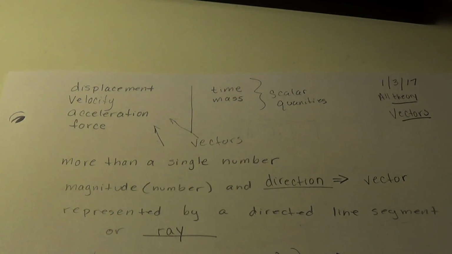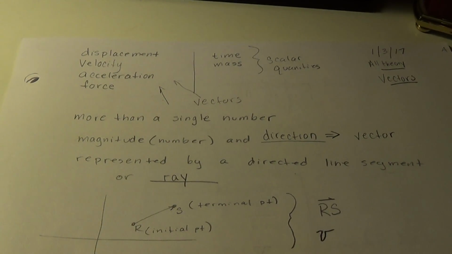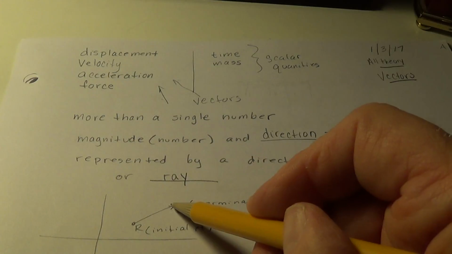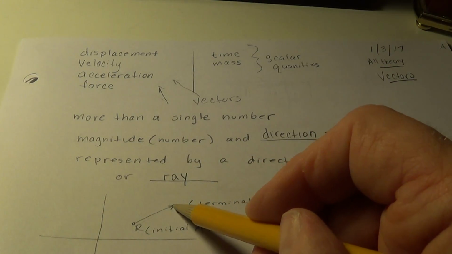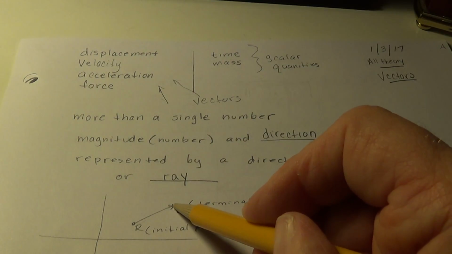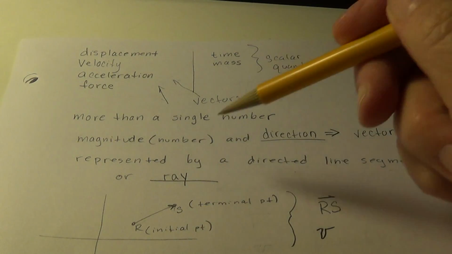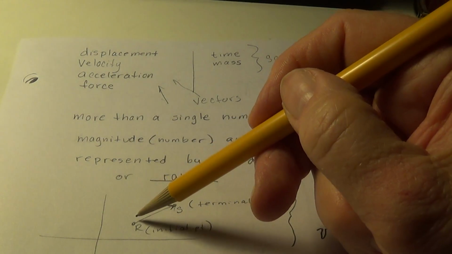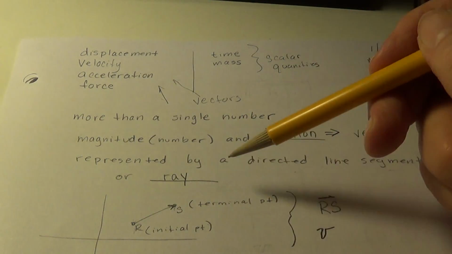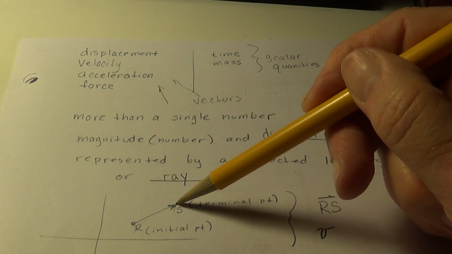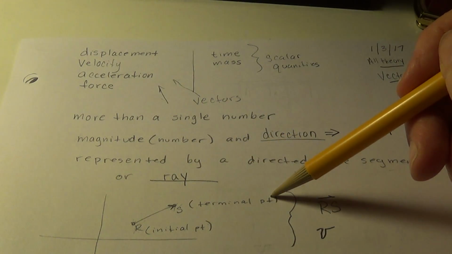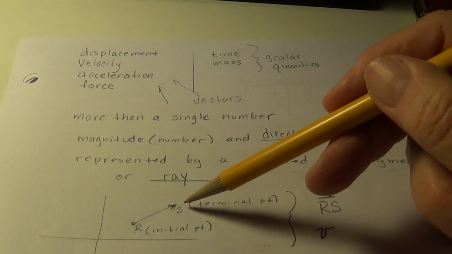A ray, you'll recall, can be drawn like this. It starts at one point and goes in a given direction, so it's indicated by a starting point and an arrowhead. I'm going to call the point it started with R, the initial point, and the point where the arrowhead ended is S, the terminal point. I can name this vector two ways.